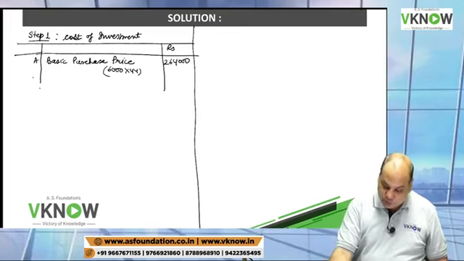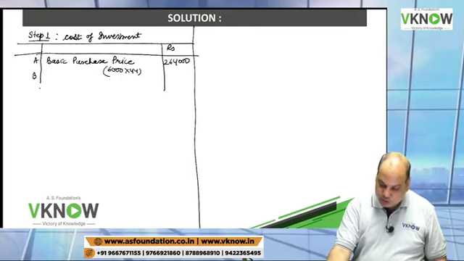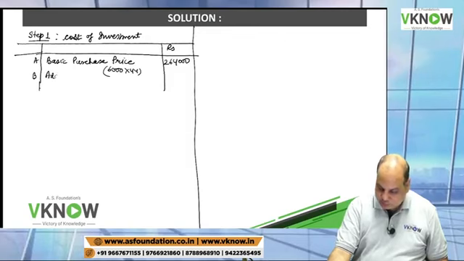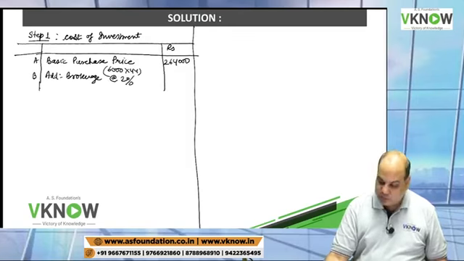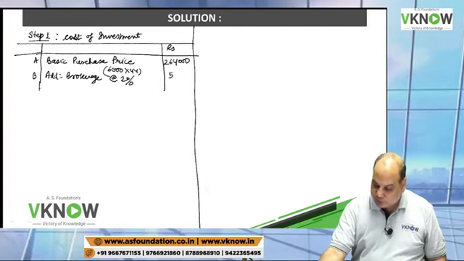2,64,000. But there is a brokerage also. Question should be in front of you. On 10 July, brokerage is 2%. Brokerage will be added to the cost of investment. Add brokerage at 2%. So that will come to 5280.